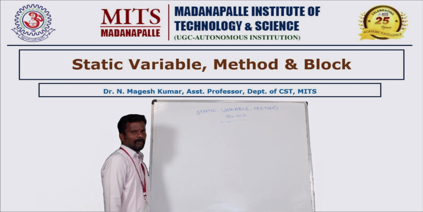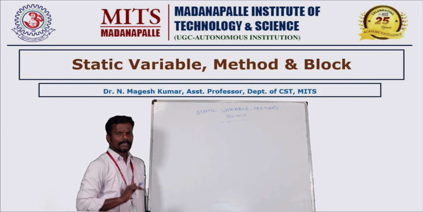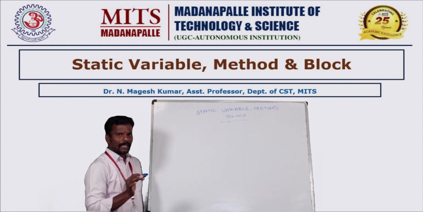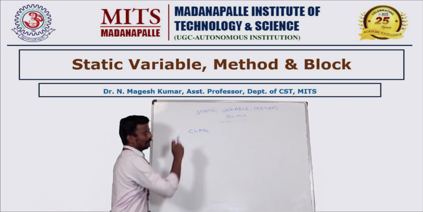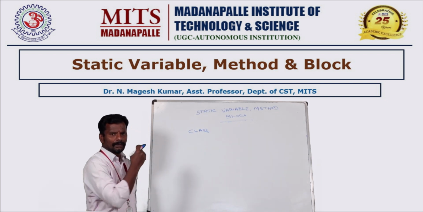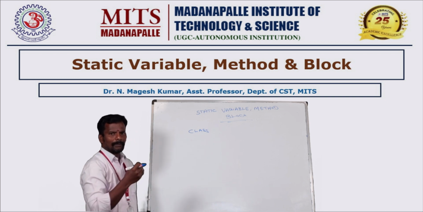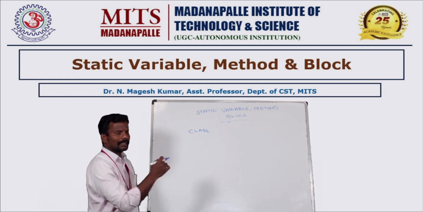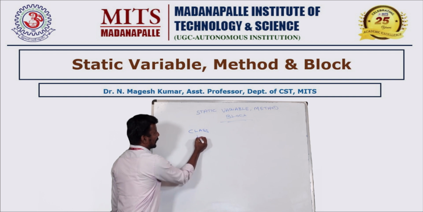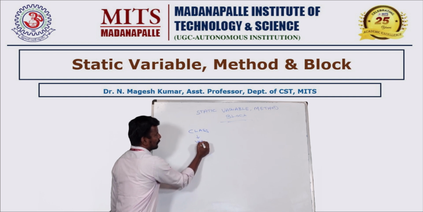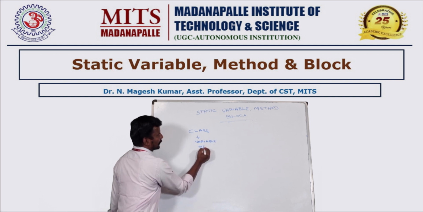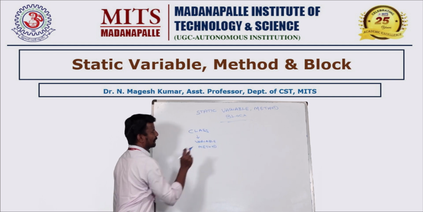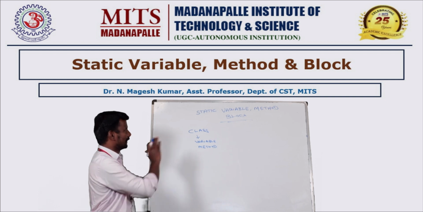In Java, each and every program is defined by using a class only. All the things are contained in that class. In that class, we declare variables and methods, so each and every class has these two things.